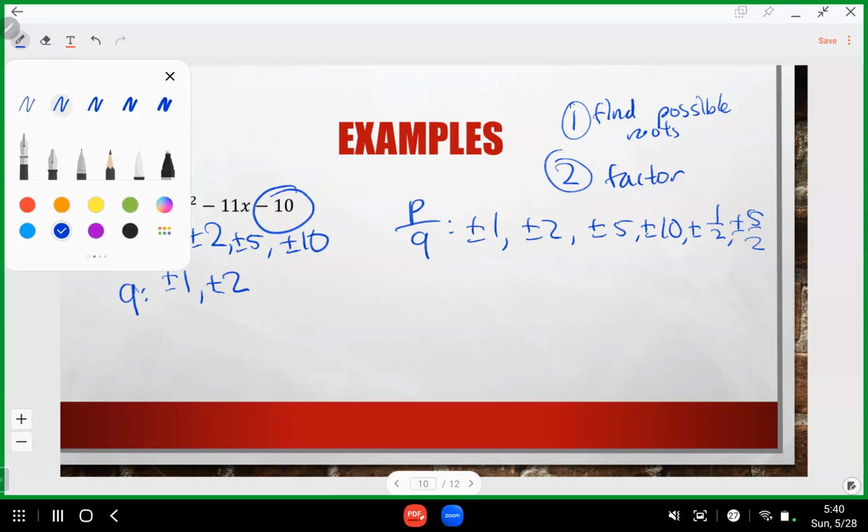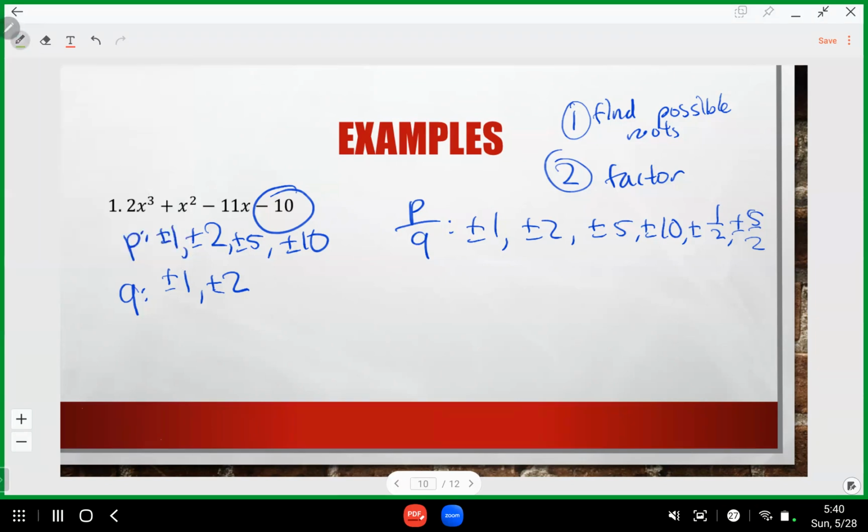All right, William, I'm going to have you do the synthetic division for me. So for root 1, what is the synthetic division? How would you do this? So we first put 2, 1, -11, and -10, and we bring down the 2.